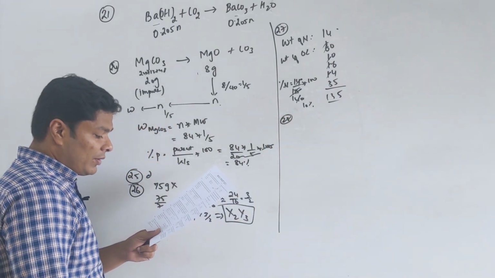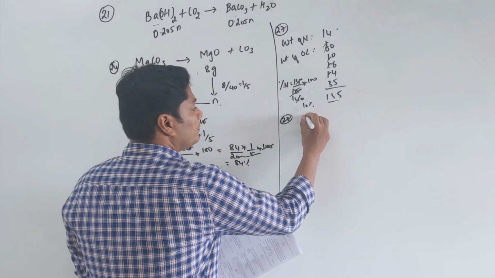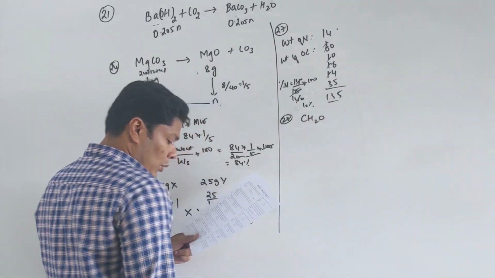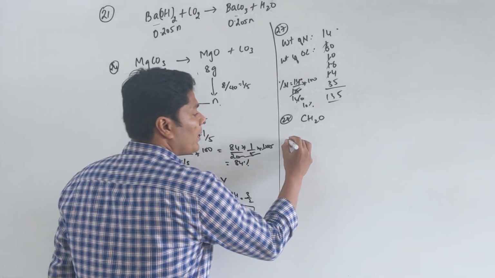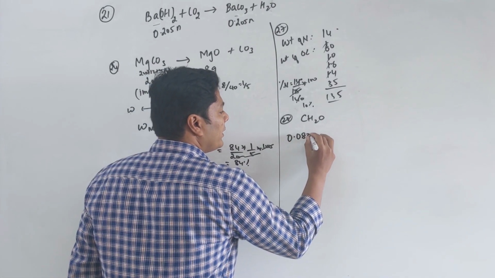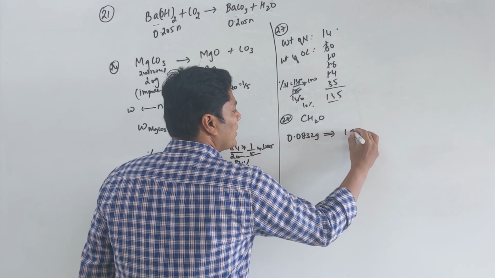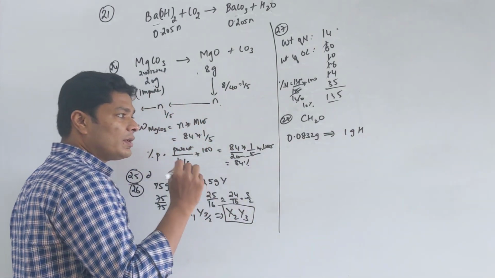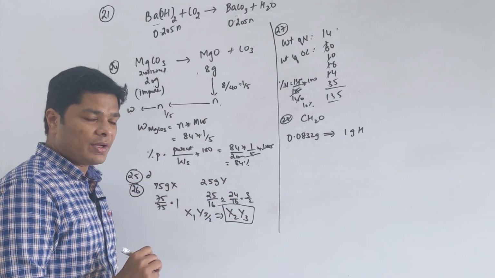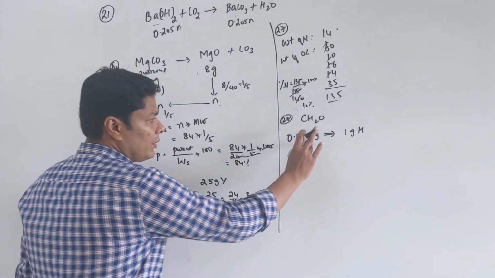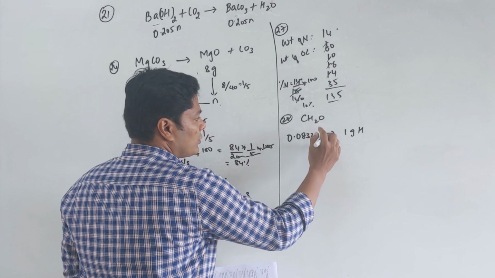28. Empirical formula CH2O. 0.0832 moles of compound contains 1 gram of hydrogen. Now, this is a trick question, or not a trick question, a simple question, but you don't know how to set up the first step. The easiest way is, sorry, this is moles, so many moles.